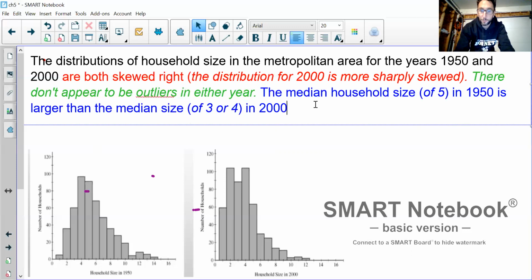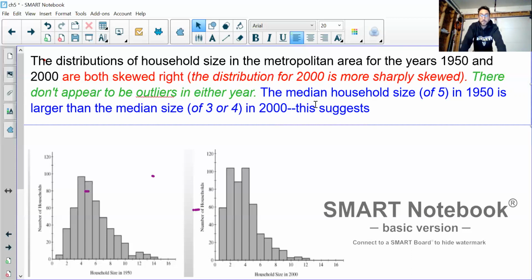Now, here's where something new comes in. I like to add a "this suggests." What does it suggest to us? What does it tell us about household sizes if we're saying the median in 1950 is larger? I think this is a great idea because it's really going to help us hammer the context. We're not just talking about generic things like the median of one data set being bigger than the other. So what? What does that mean?